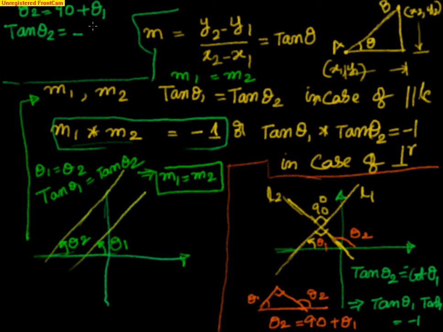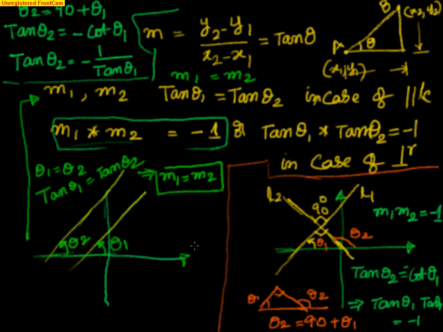So this becomes minus of cot theta 1. And you know cot theta 1 is nothing but equal to 1 by tan theta 1. These are fundamentals of trigonometry. So we know tan theta 1 tan theta 2 equals minus 1. That's nothing but m1 into m2 equals minus 1.